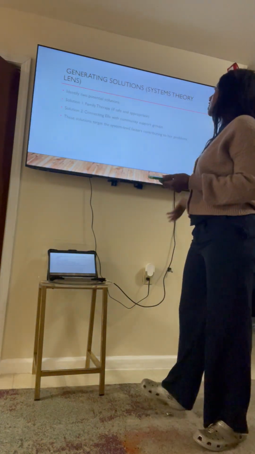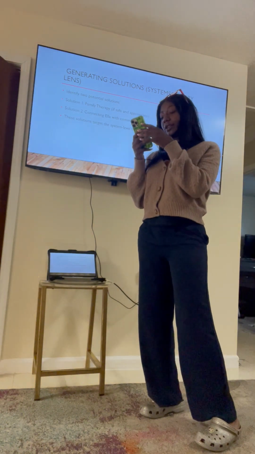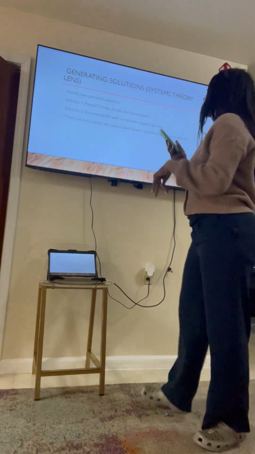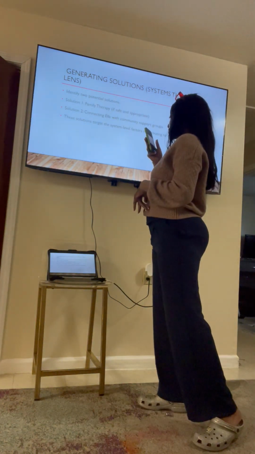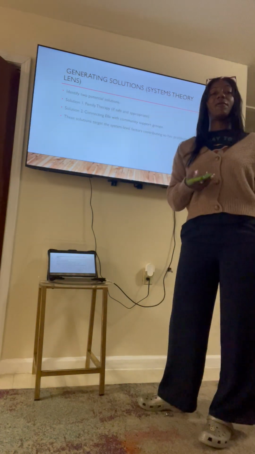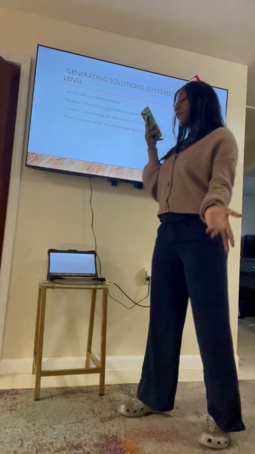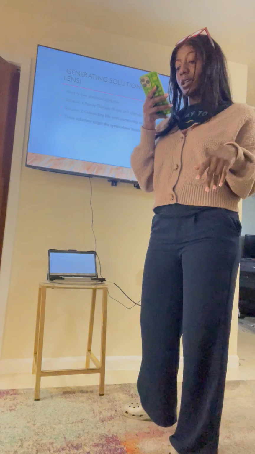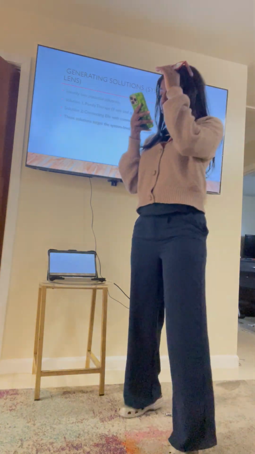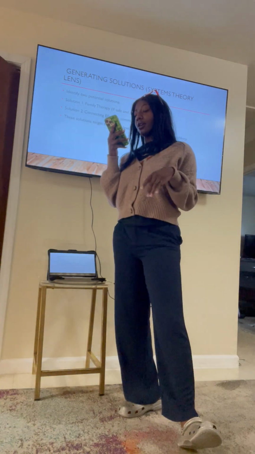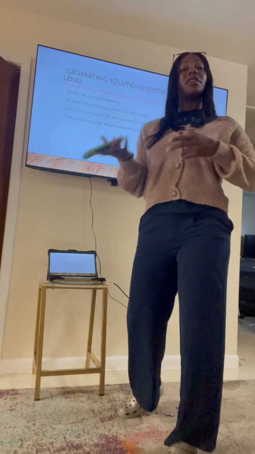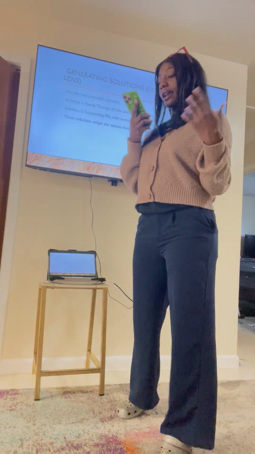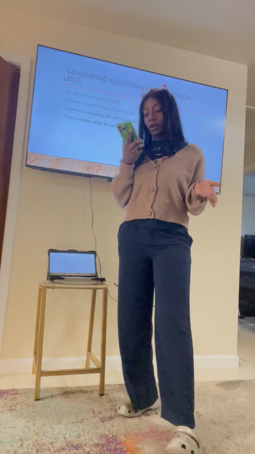Slide 6, generating solutions with the systems theory lens. Moving to the solution generation phase of the problem solving model, we'll identify the solutions that are informed by the theory. Two potential solutions that target the system-level factors contributing to Ella's problems are family therapy, if it's safe and appropriate due to the circumstances, and connecting Ella with community support groups.